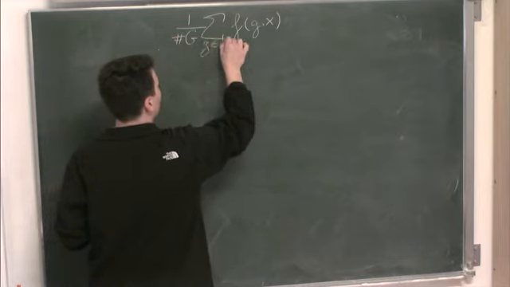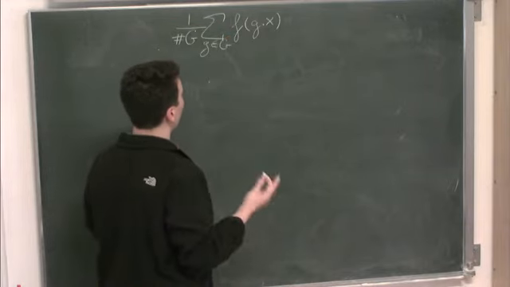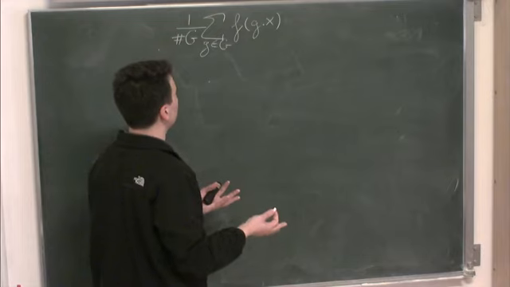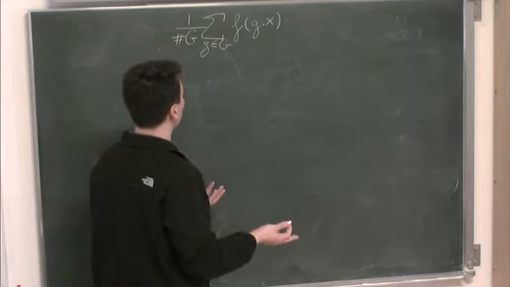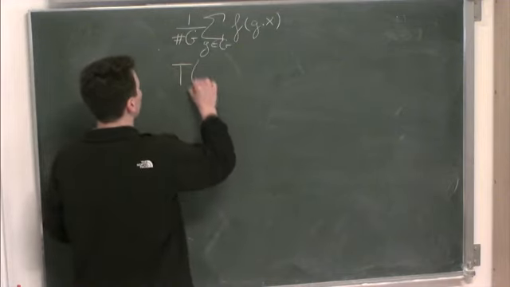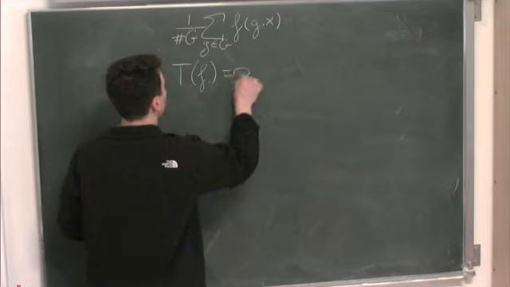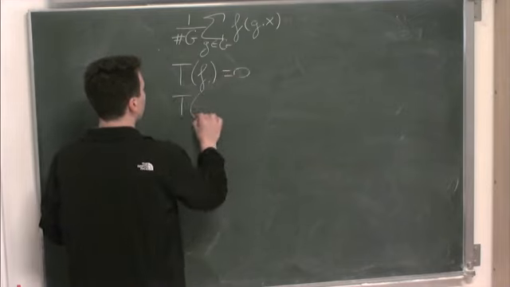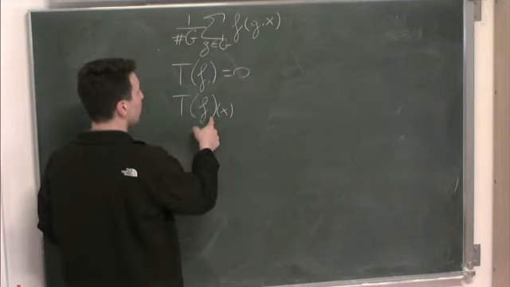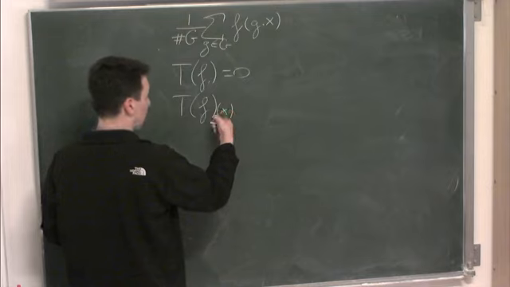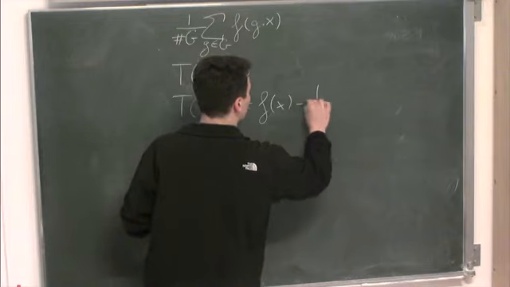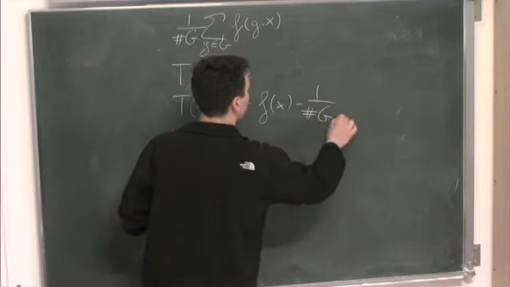And basically, if you think hard about it, or if you know group theory already, then being invariant precisely means that T of f is equal to 0, where T of f is an operator that transforms f at any point x into f of x minus this average over the orbits.